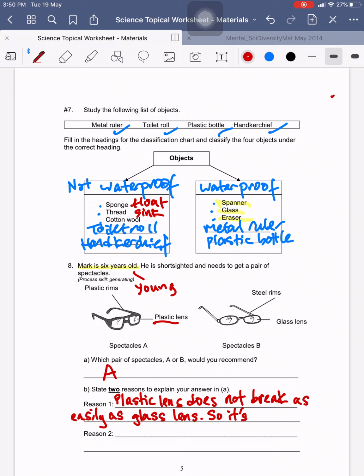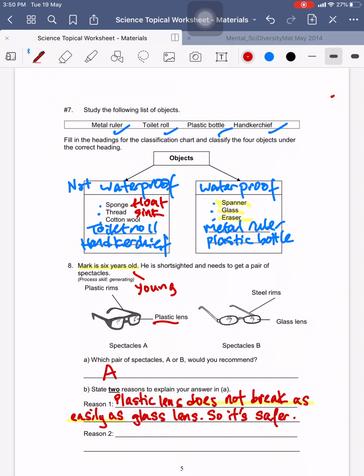So it's safer. Alright, so this is one of the reasons. You have to compare between spectacles A and spectacles B, so we should see a comparative term here, or this phrase, does not break as easily. Alright, so we are comparing plastic lens and glass lens.